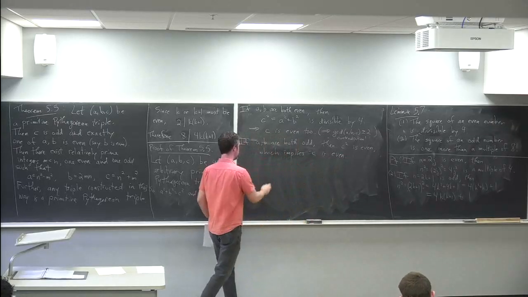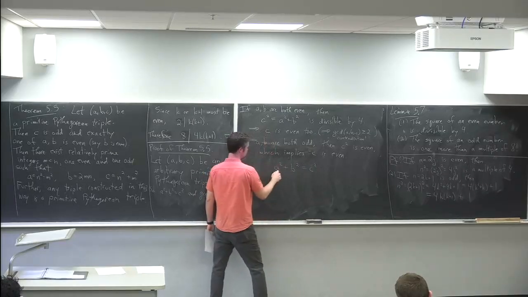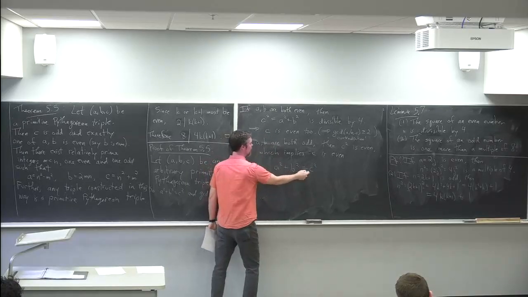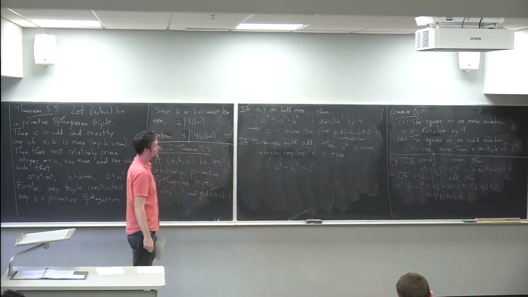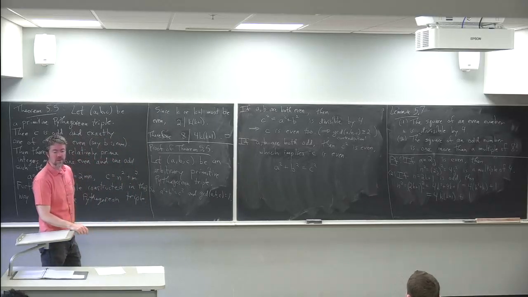Let's just make that point. I mean, that's also coming from this equation. All right, so if this is odd, that one's odd, this is an odd plus an odd, and you would get an even. So in this scenario, we don't yet have a contradiction, but A, B are odd, C is even.